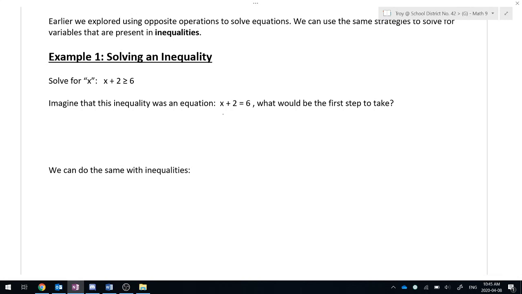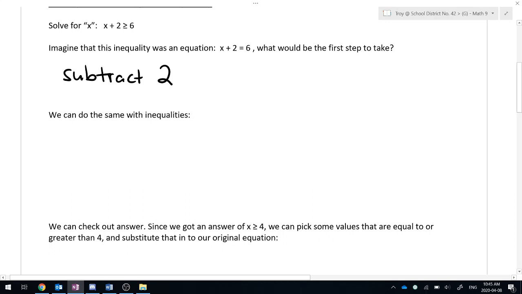Of course the opposite is subtraction. More specifically, we're going to be subtracting 2. That would be the first step we would take, right? And we'd subtract 2 from both sides, and of course we would get x is equal to 4.